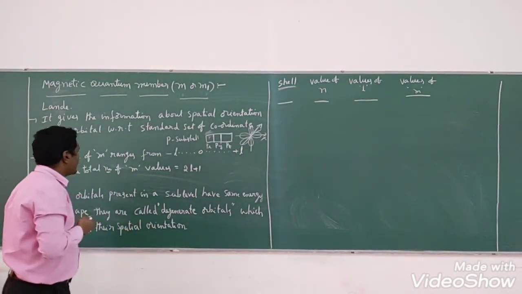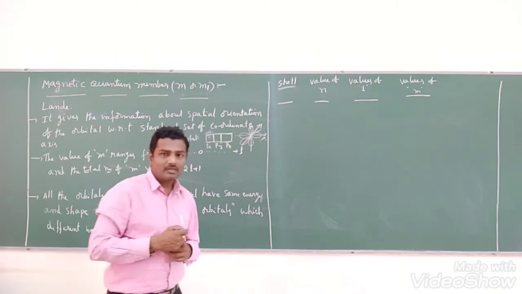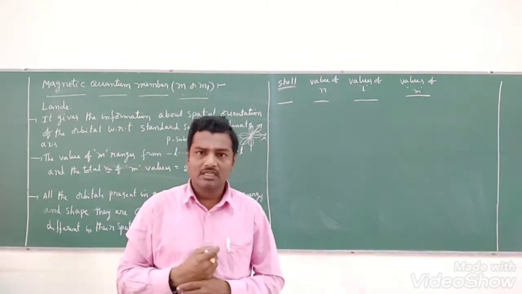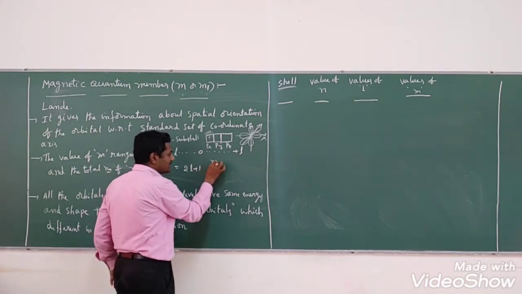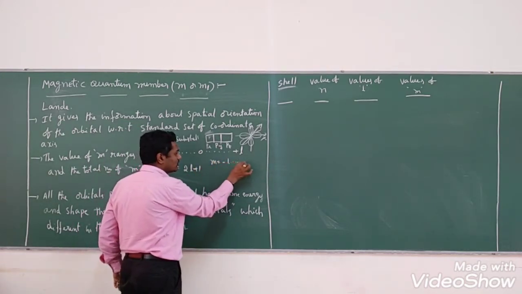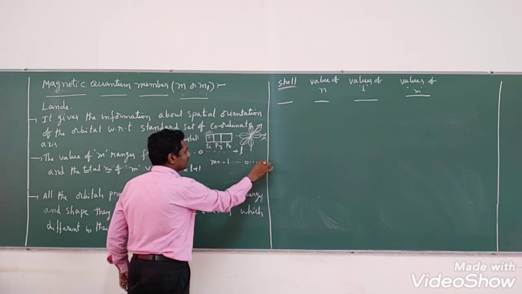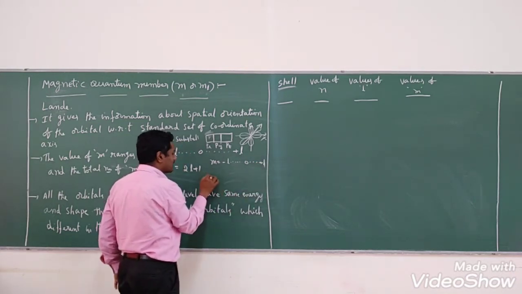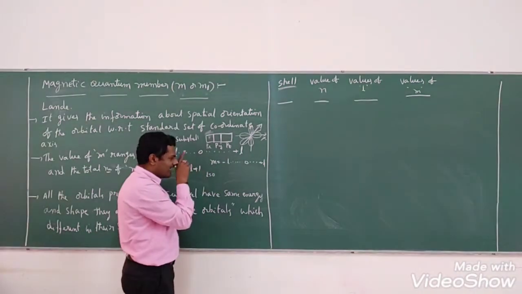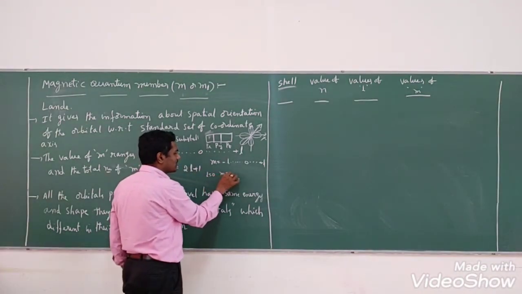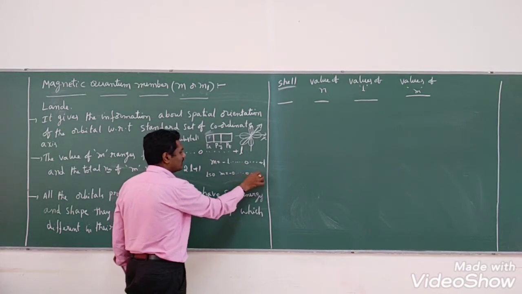Okay? So what are the values of m for a given l value? The values of m for a given l are m equals minus l to 0 to plus l. For example, take l equals 0. What are the m values? Minus 0, 0, plus 0.